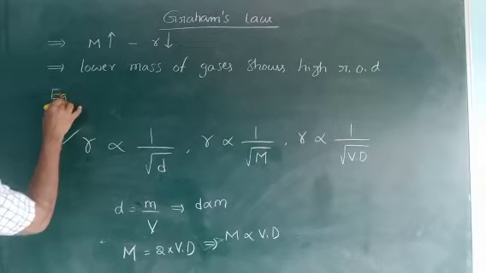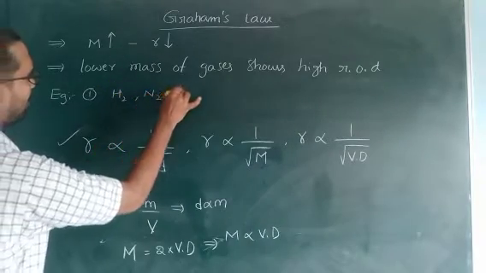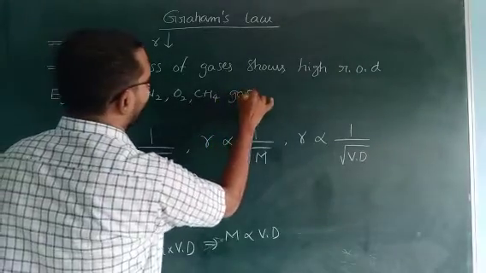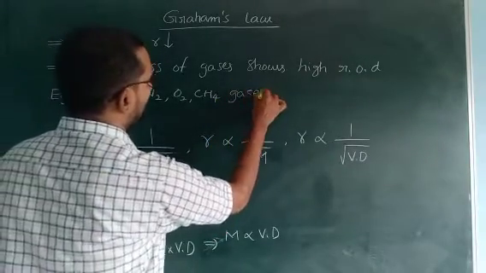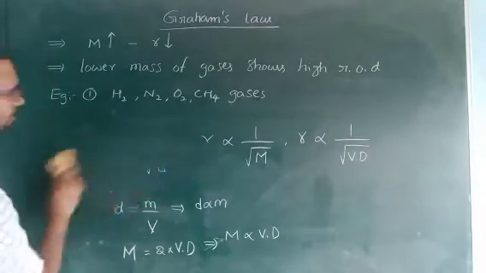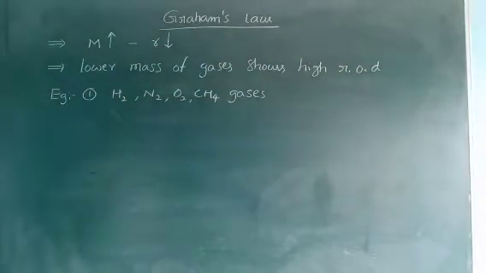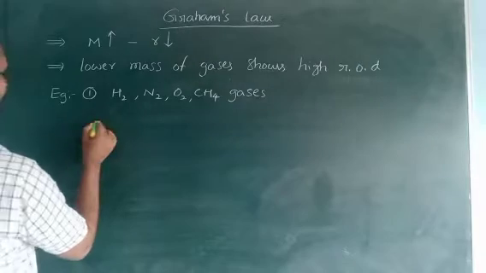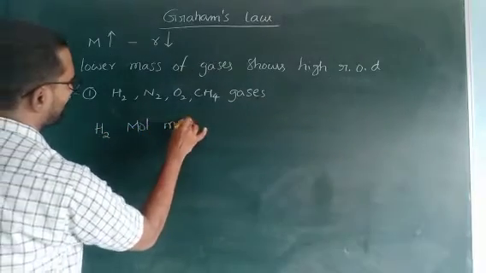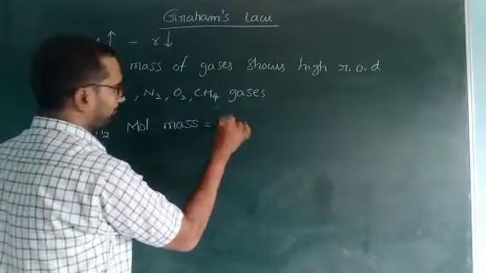See this example. I will take hydrogen, nitrogen, oxygen, CH4 gases. Okay, which gas has more rate of diffusion, sir? Yes, first calculate the molecular weights. H2, molecular weight or molecular mass is equal to 2 into atomic mass 1, so 2.